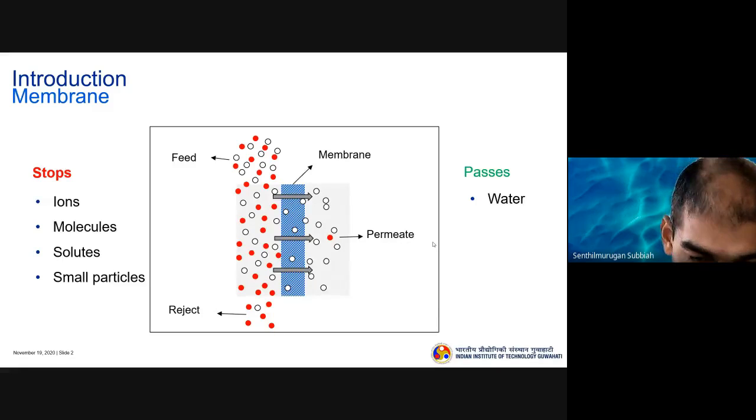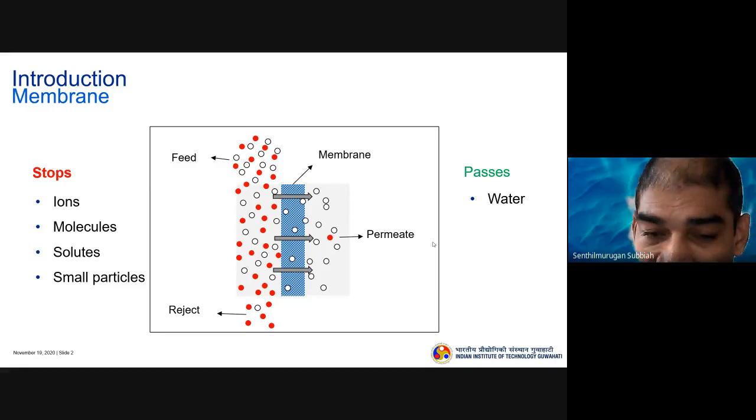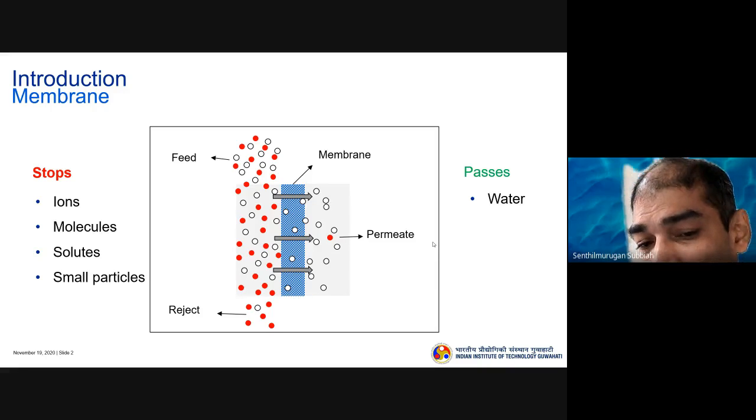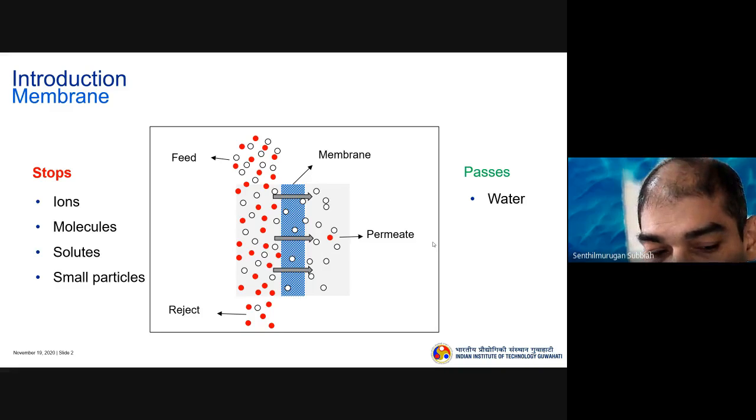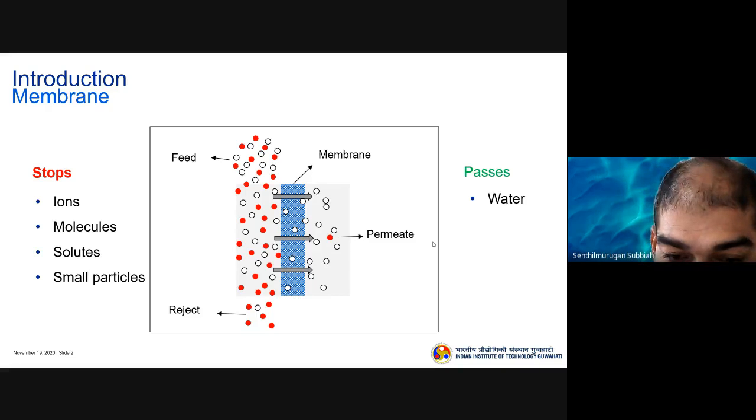In general, when we say membrane, a membrane is a semi-permeable polymer sheet that allows water and separates the solute molecules. When we say solute molecule, it means anything bigger than the water molecule size.